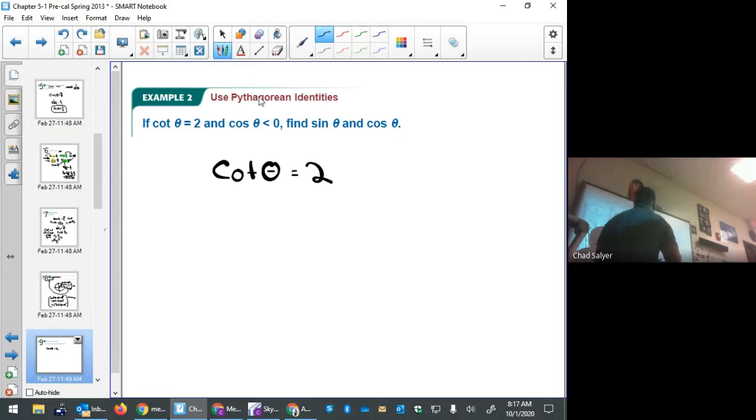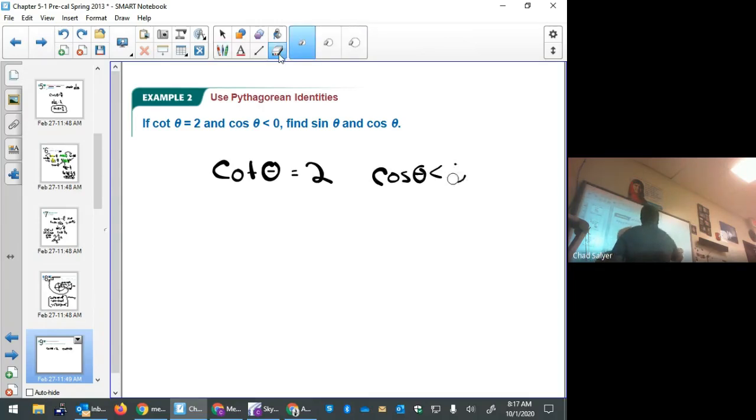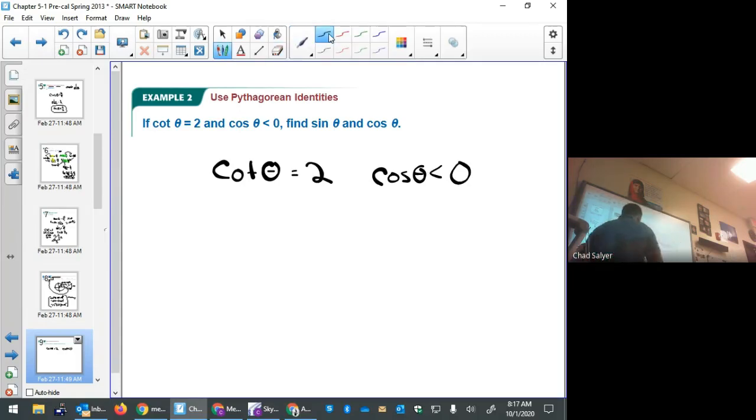And cosine theta is negative. So we have a positive cotangent. That's only the case in Q1 and Q3. Cosine is negative. Well, that's only the case in Q3.